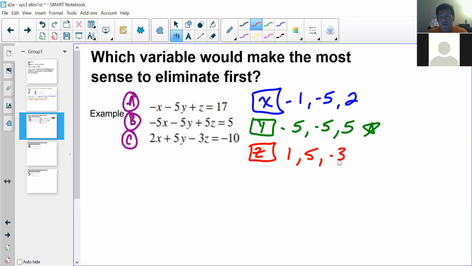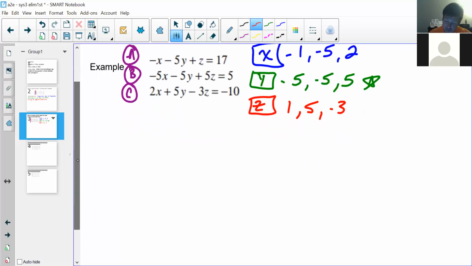Now, I want to match up those opposite coefficients as quickly as possible in order to eliminate one of the variables. So in this particular problem, I'm going to eliminate the y first because I have those opposite coefficients. What I'm going to do here is match up two different sets of equations.